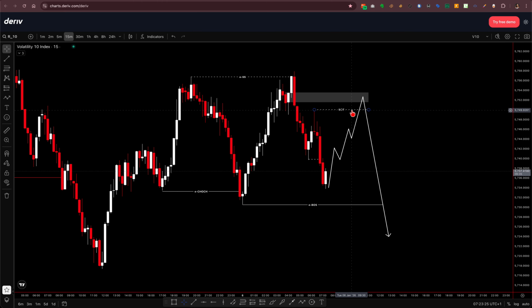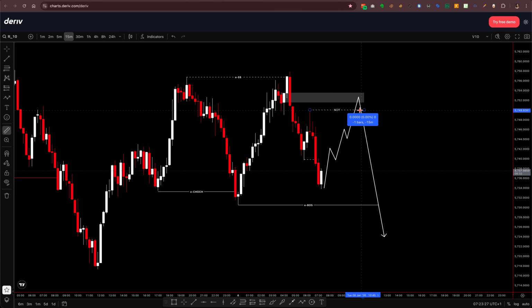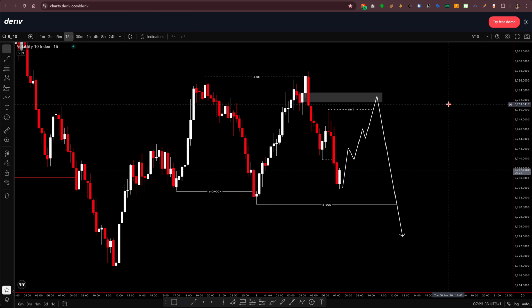Okay, and that is just what I see on the chart today for Volatility 10, and what I'll be waiting for. So that's just how I analyze the market.